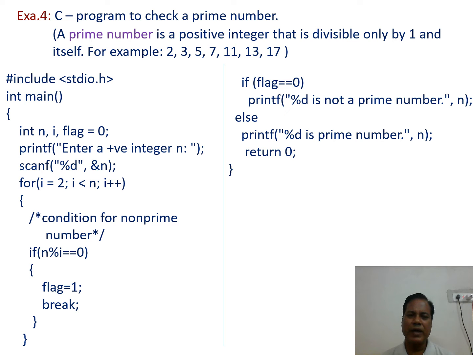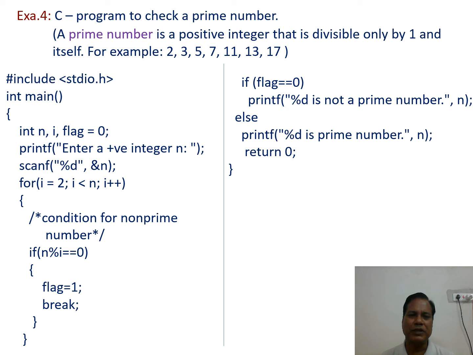Then flag = 1. The value of flag, which is initially 0, is set as 1. The next statement is break. Using this statement break, control comes out of the looping statement. So in the for loop, the initial value of 2 is set and the number is divided by that number.